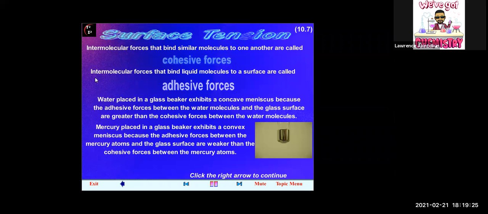All right, these are the two forces in a liquid, cohesive and adhesive. I think it's self-explanatory. That is why, when you have a glass cup of water, you see the meniscus. The curved surface of the liquid is called the meniscus.